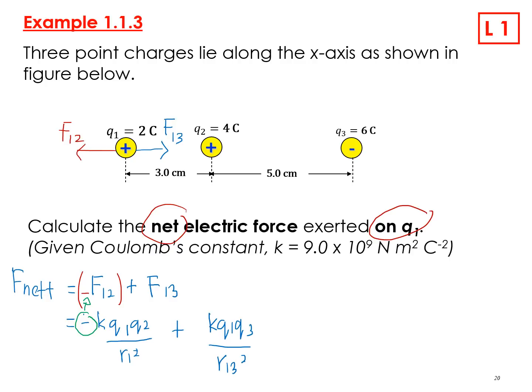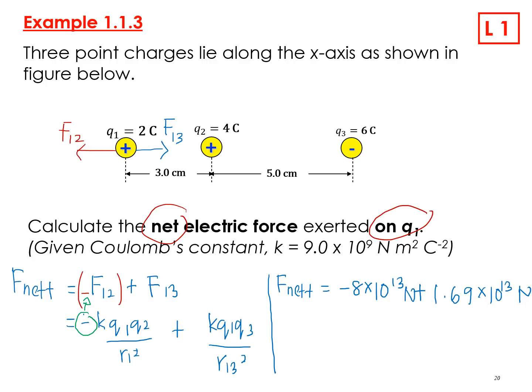After you substitute the values into the formula, you will find that F12 is negative 8 times 10 to the power of 13 N, plus F13, which is 1.69 times 10 to the power of 13 Newton.